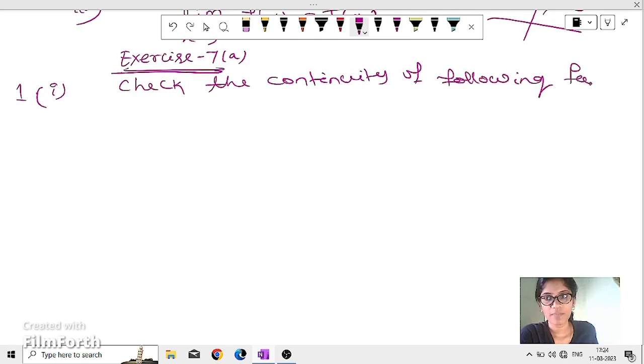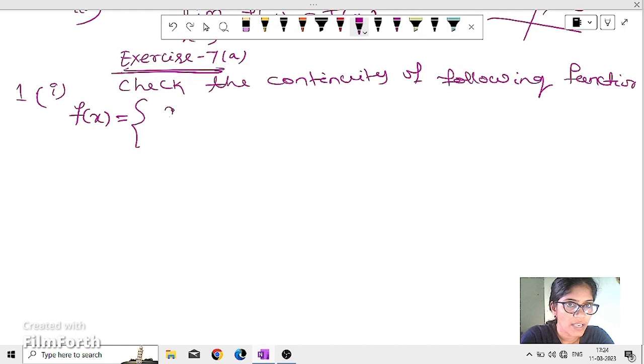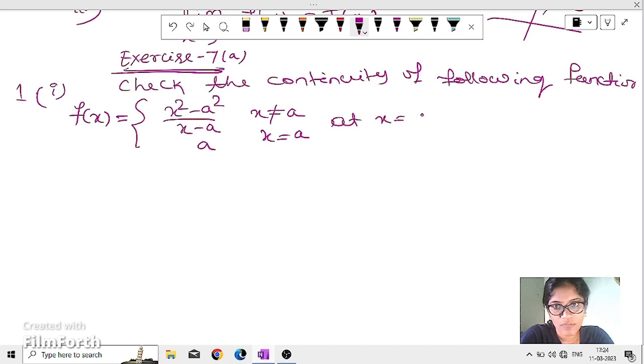Number 1: f of x is equal to x square minus a square by x minus a for x not equal to a, and equal to a at x equal to a. At x equal to a, we check whether the function is continuous or discontinuous. As previously said, three points will be tested.